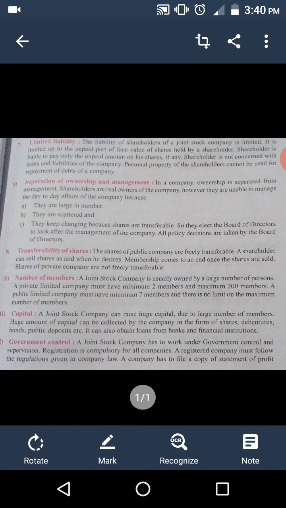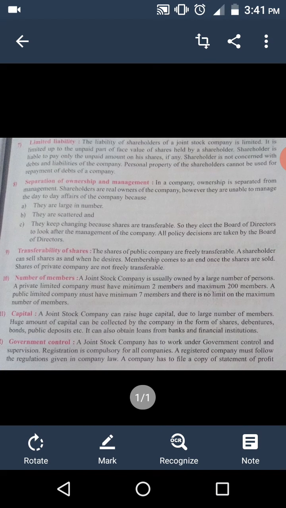This is the question. Public company means, as per section 271 of the Companies Act 2013, a company that has no restrictions on the transfer of its shares.